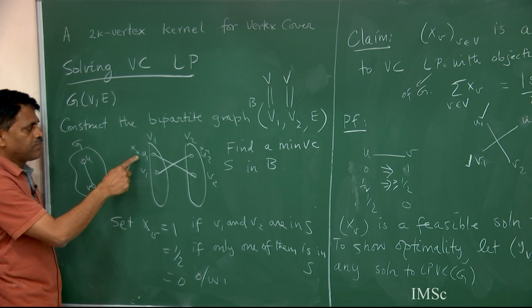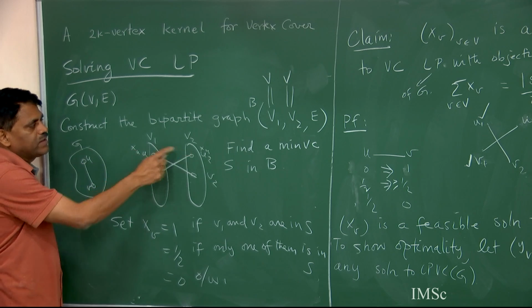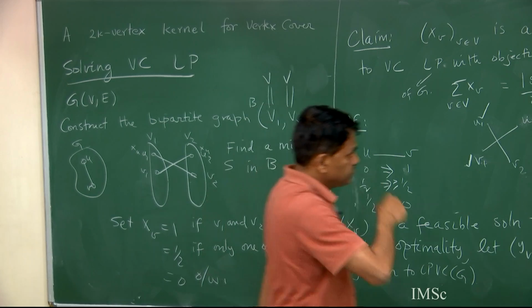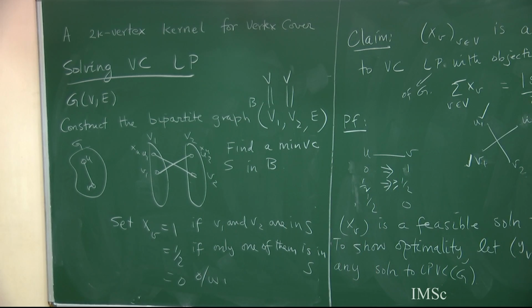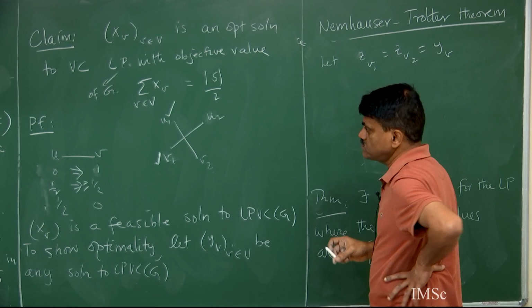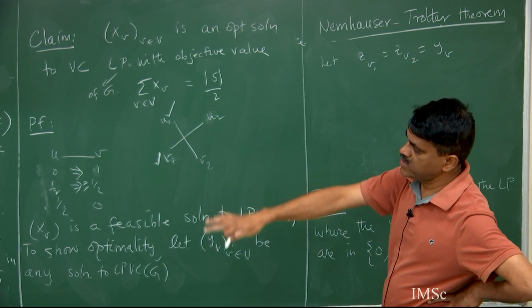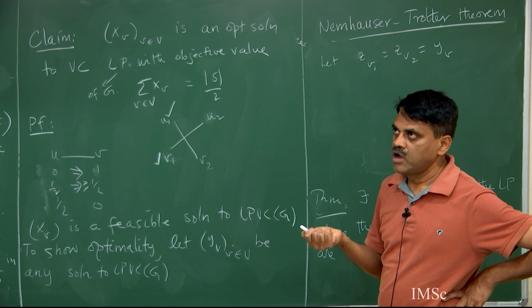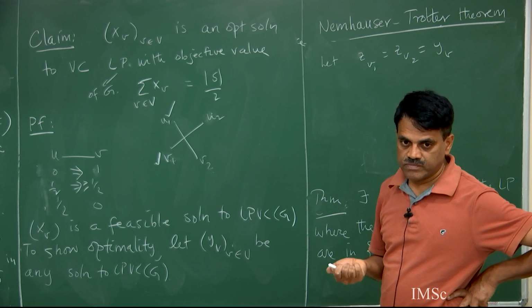How do I do it? I am just going to put the same value, copy it in both these copies of the vertices. So let Zv1 equal Zv2 equal yv, and consider this Z variable values on this bipartite graph. I claim that it is a feasible solution for the bipartite vertex cover.